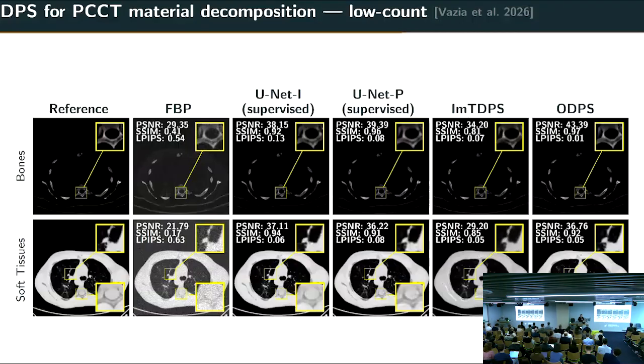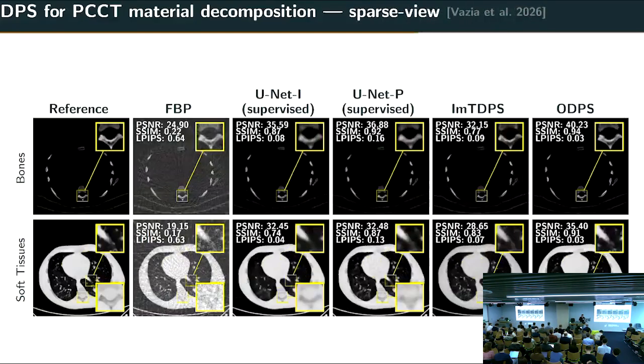However, we do suffer from crosstalk between bones and soft tissues, which we see in the spine here. However, the DPS methods that use the accurate physical model don't suffer from these crosstalks.